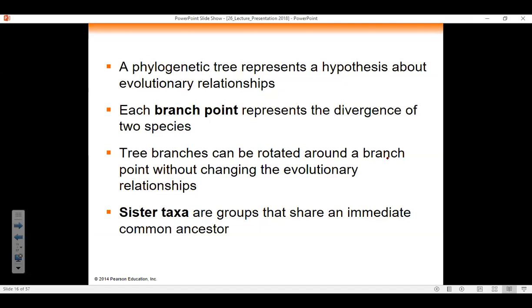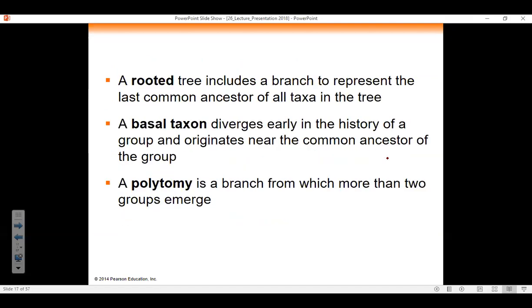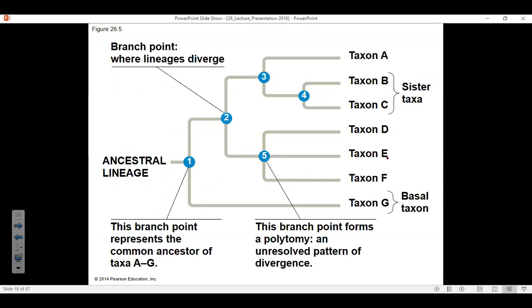All right, so each point on those phylogenetic trees where you've got a branching is called a branch point. You see number 1 here and number 2. Right where those two branch off from each other, that's called a branch point. Then when you get over here, all the way on the side, each individual grouping is referred to as a taxon.